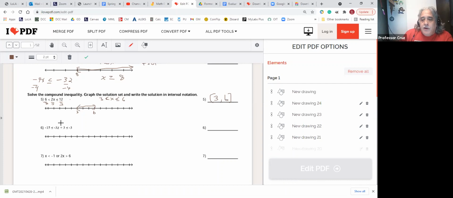But the first thing we got to do is get rid of that 3, so it's subtracting a 3. So we're also going to do it over here and over here. That means we've got negative 18 and negative 3z.